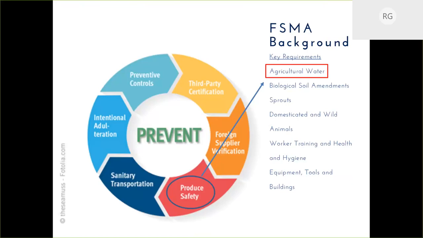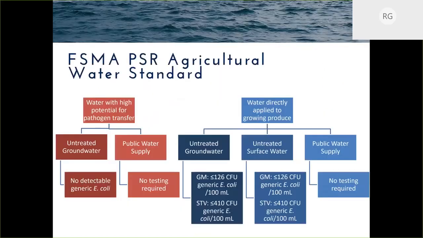Now, the part of FSMA that concerns water is the Produce Safety Rule, also called PSR, and specifically within PSR, the Agricultural Water Standard. The PSR breaks water down into two large categories. The first is on the left in red.